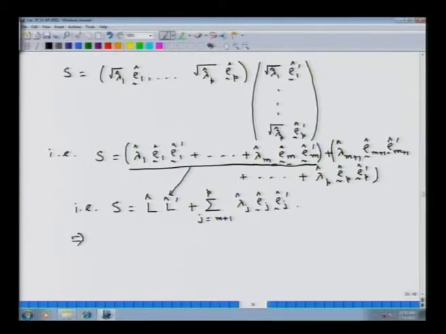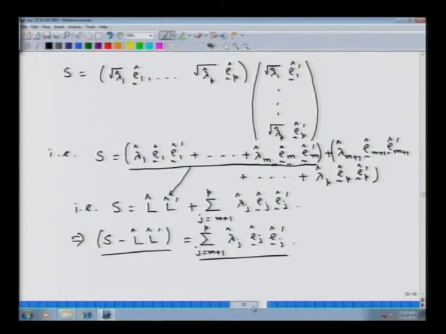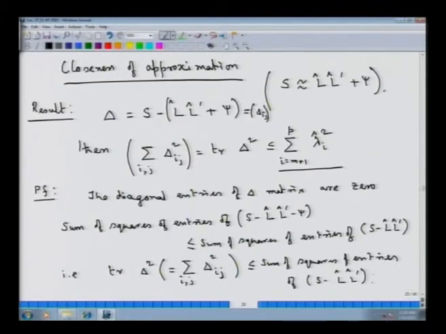This implies that S minus L hat L hat transpose is equal to the terms which we have neglected, assuming that lambda m plus 1 up to lambda p have a negligible contribution, the sum of lambda j hat e j hat e j hat transpose. So, S minus L hat L hat transpose is given by this right hand side. Now, we will use this form of S minus L hat L hat transpose in the previous equation, the sum of squared entries of S minus L hat L hat transpose.